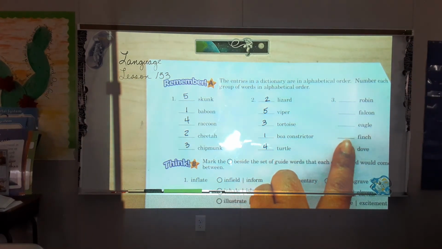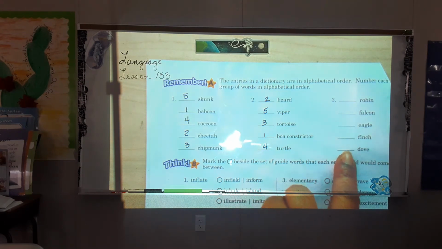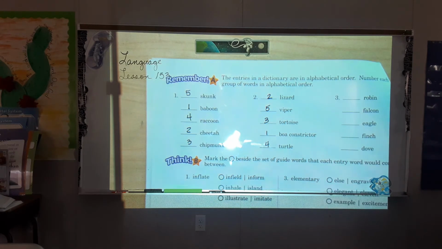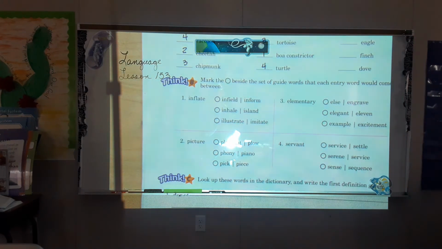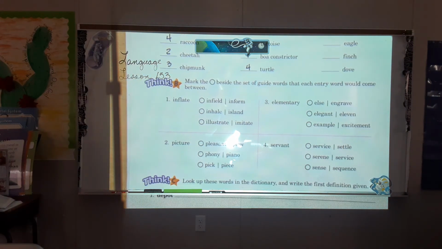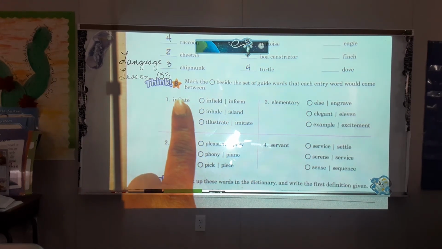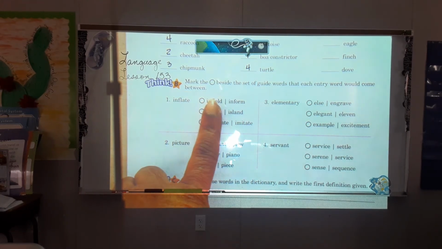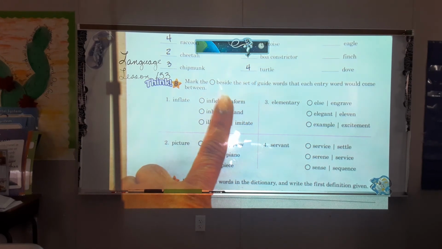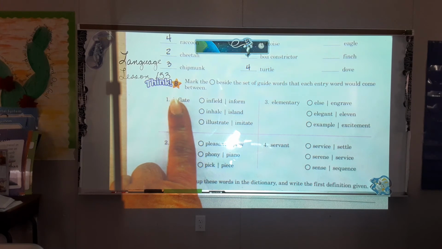Last row, do it on your own. I'm going to ask you during the meet. Part B, it says mark the radius beside the set of guide words that each entry word would come between. So this is my entry word, and these are my guide words. These are the words at the top of the page. This is the word that I'm looking for the definition.